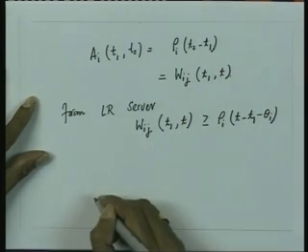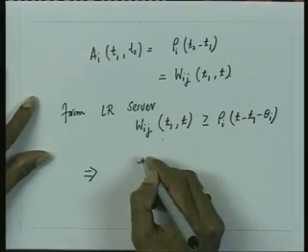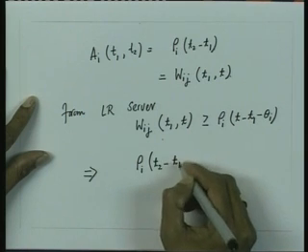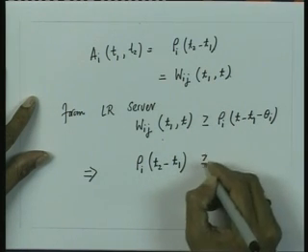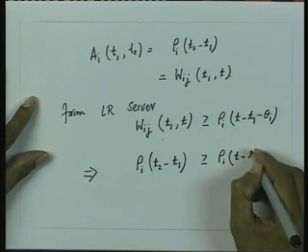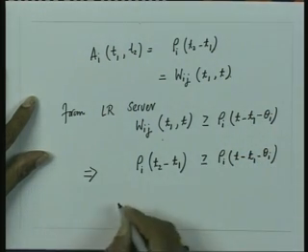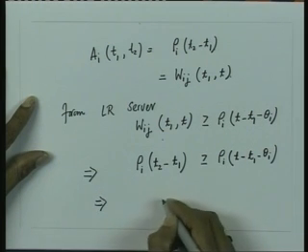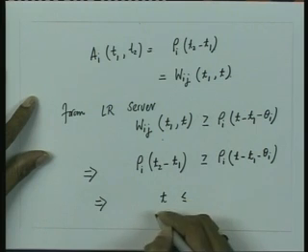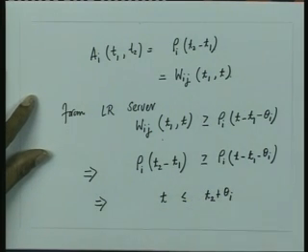This is by the definition, which if you substitute here, then rho I into (T2 minus T1) is greater than or equal to rho I into (T minus T1 minus theta I), which also implies that T is less than or equal to T2 plus theta I.